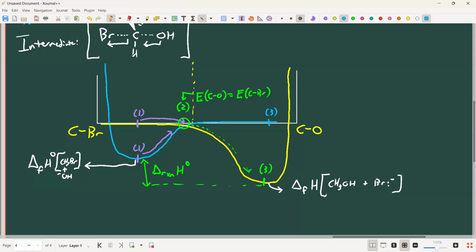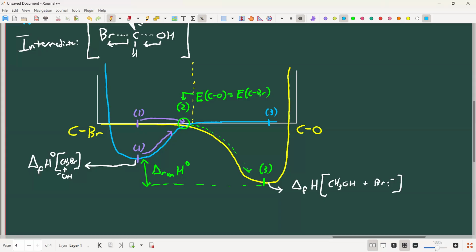The maximum is where the curvature of the CO bond starts to kick in and it starts to go negative. So it increases, and then the system is at this middle point and the energy decreases, and then we get to the products. The energy starts low, it rises, and then it falls to the final point.